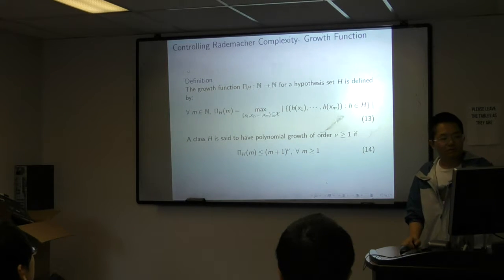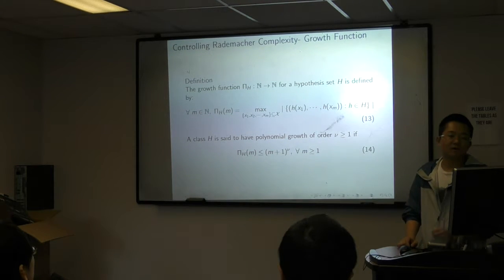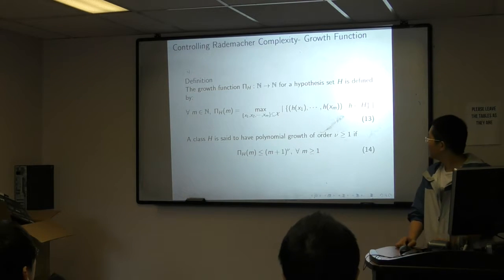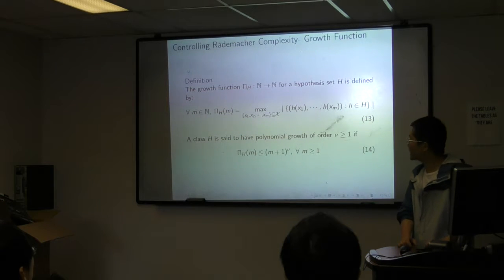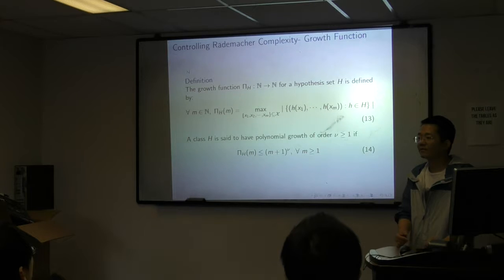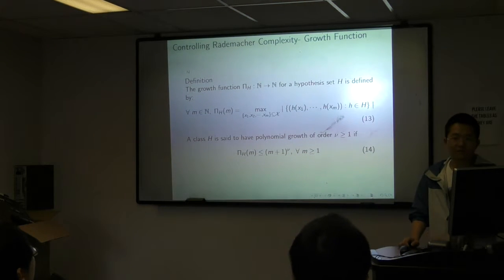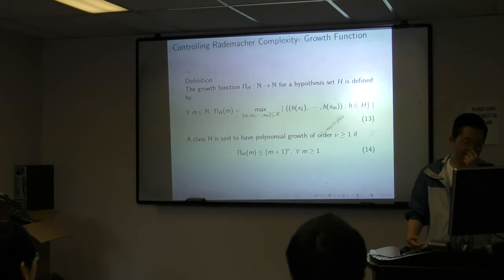The growth function is defined as the maximum of the absolute value of the set of functions h applied to x1 to xm, where m is the sample size. Hold on, what is the absolute value? Oh, it's the cardinality.